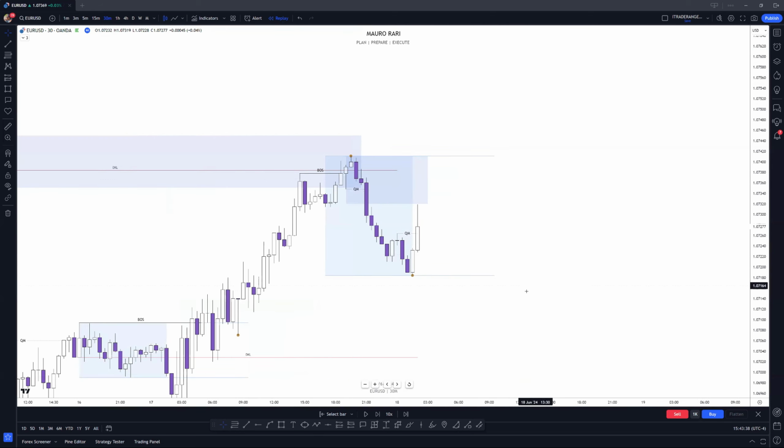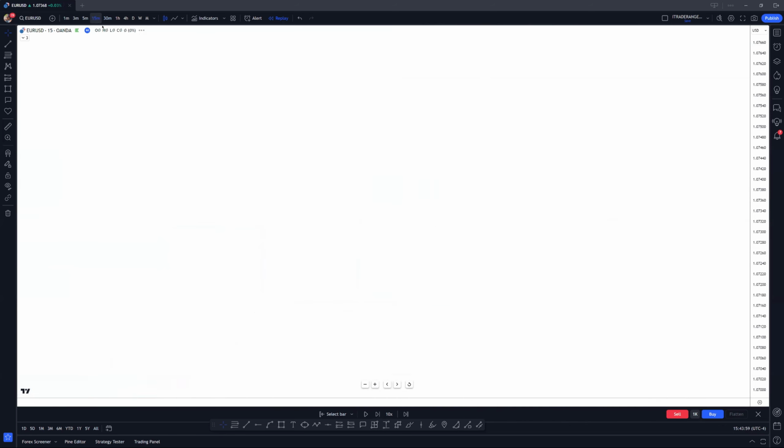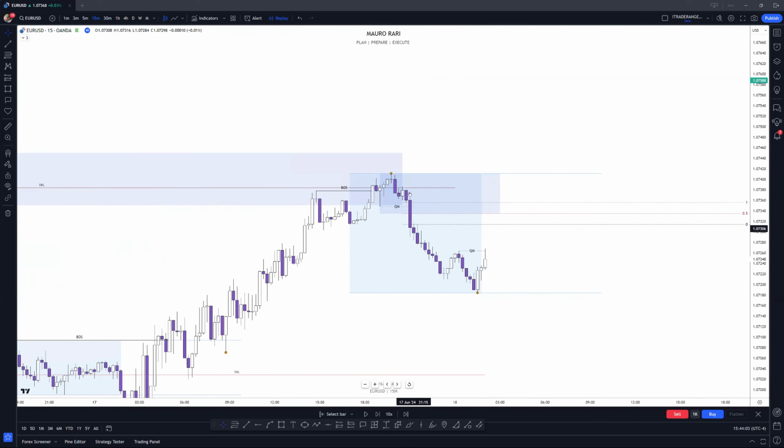Then we can go to the 30 minutes. And again, we have this imbalance fill in 30 minutes that is aligned. We can refine a little bit more, okay? And now I can go to the 15 minutes, okay? And it's going to confirm my POI, okay?